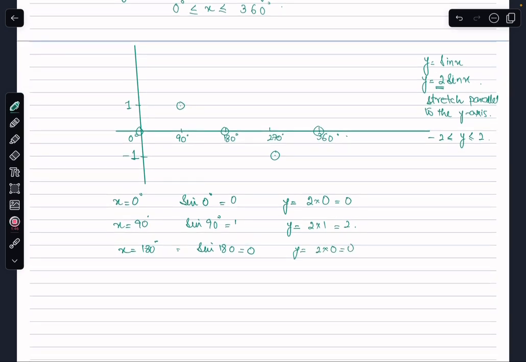And if our x is 270, then sine of 270 is minus 1. Therefore, y should be equal to 2 times negative 1, which gives me negative 2. And if x equals 360, then sine of 360 equals 0, giving us y equal to 2 times 0. That should be equal to 0 here.